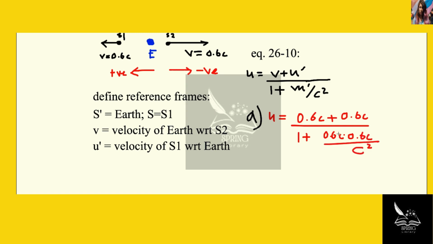The c squared factor cancels, and you're left with 1.2c on the numerator and 1.38 on the denominator. What you get is something very, very close to 0.882 times the speed of light. Okay, so that's part A.